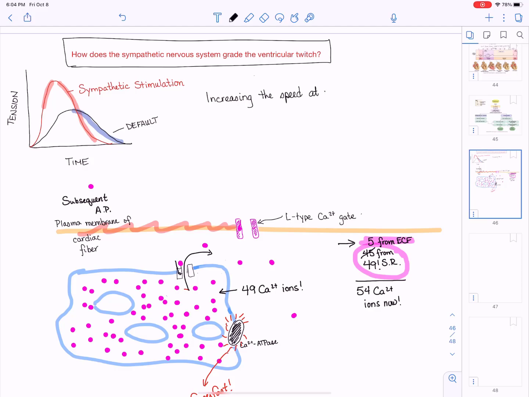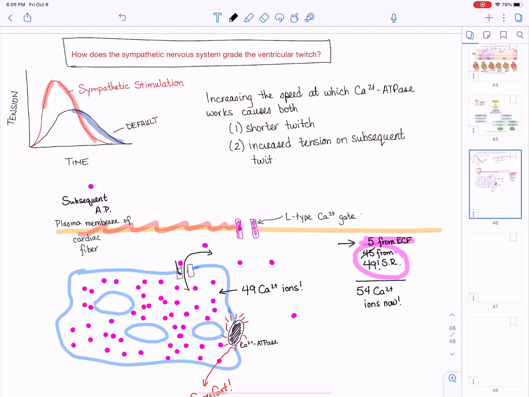It shortens the twitch, but it also increases the amount of tension that is generated in subsequent twitches. So increasing the speed at which calcium ATPase works, again, increases the tension of that twitch, but also shortens it. Both of these collectively are important in increasing stroke volume.